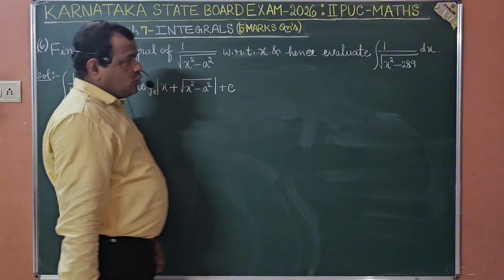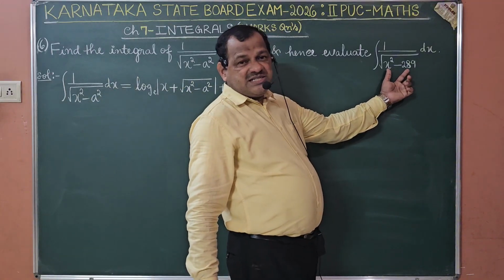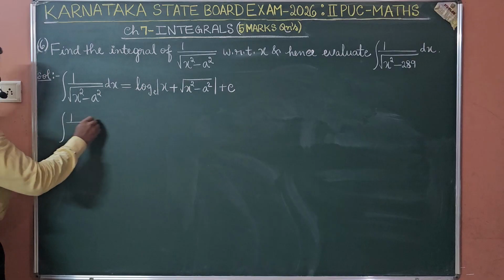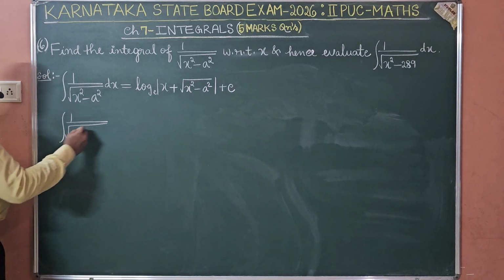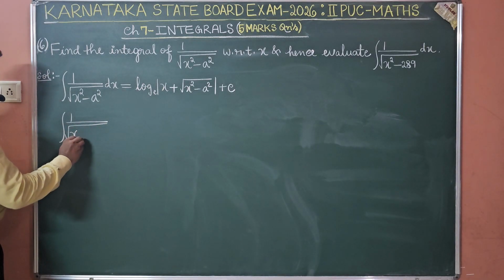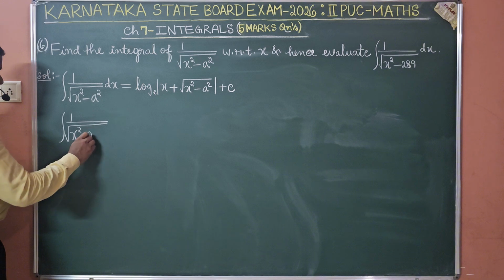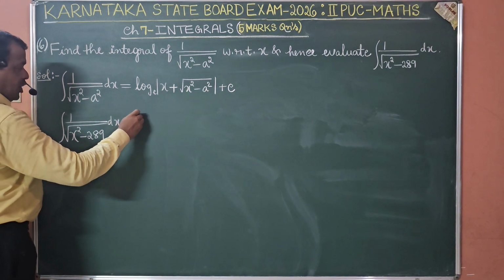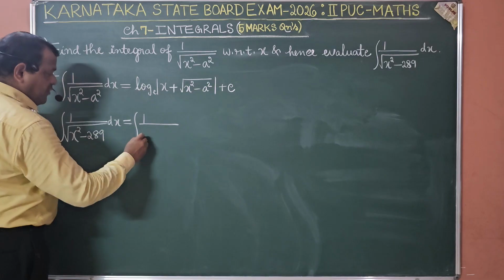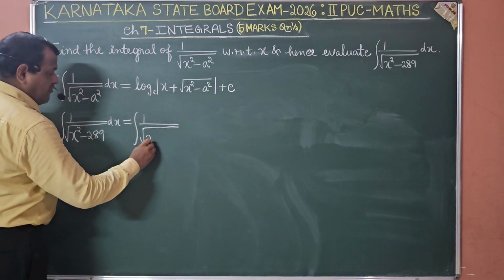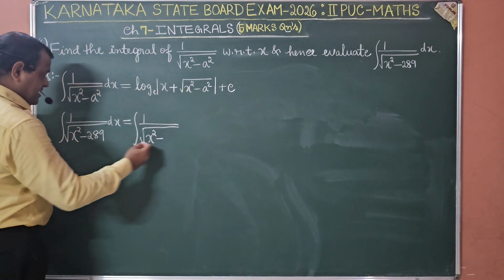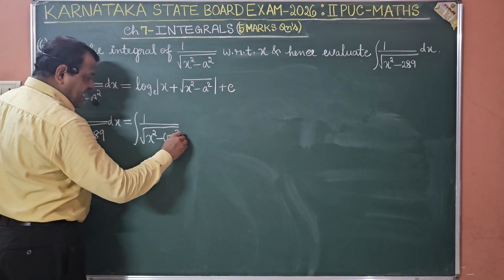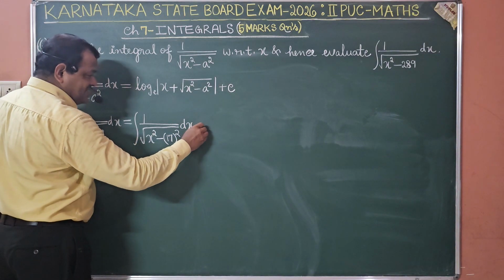Now I will teach you how to evaluate this integral. So it is integration of 1 by square root of x square minus 289 dx we have. You know, it is integral of 1 by square root of x square as it is minus the 289 is 17 square dx as it is.